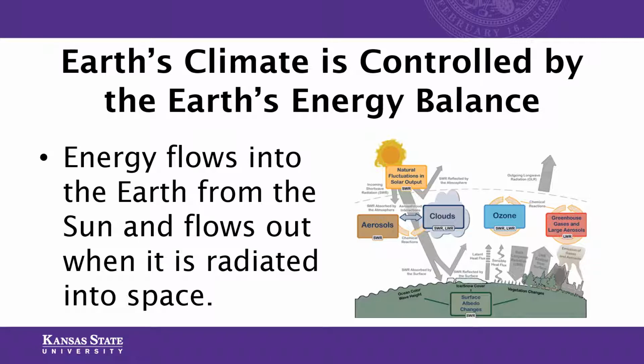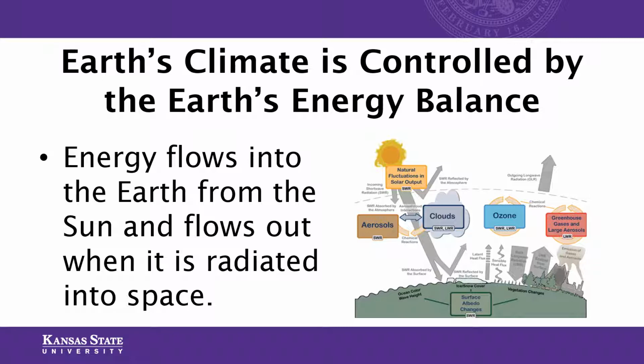So as I've said, and as the video has also said, there's really two things that drive Earth's climate system. The main driver of Earth's climate system is obviously the sun and energy from the sun. Energy flows into the earth from the sun and flows out of the earth and the atmosphere when it is radiated back into space.